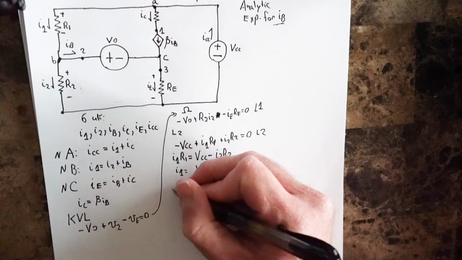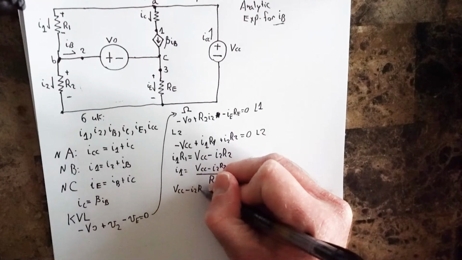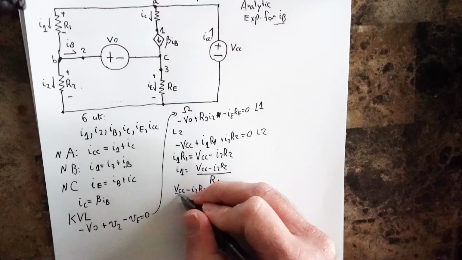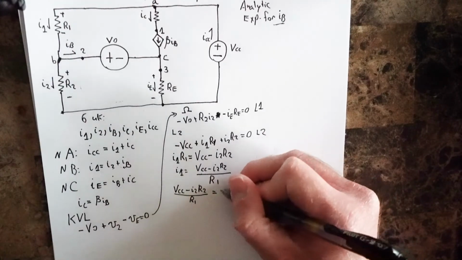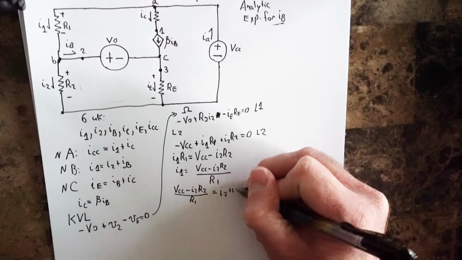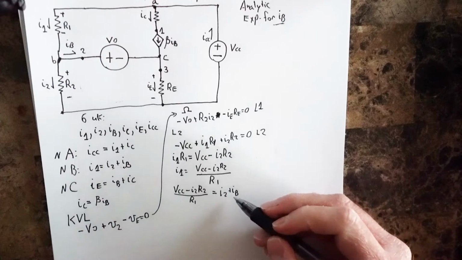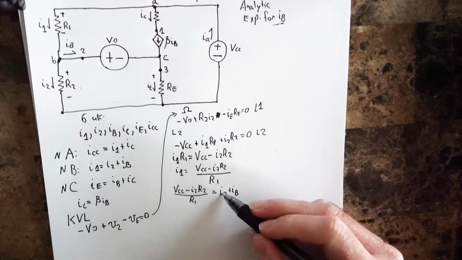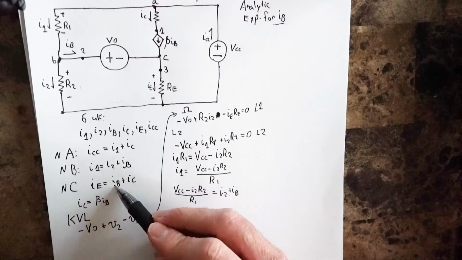So that must mean that VCC minus I2 R2 over R1 must equal I2 plus IB. Okay, so we'll have to take care of this term in order to get IB, and we've got IB popping up in a different node equation.